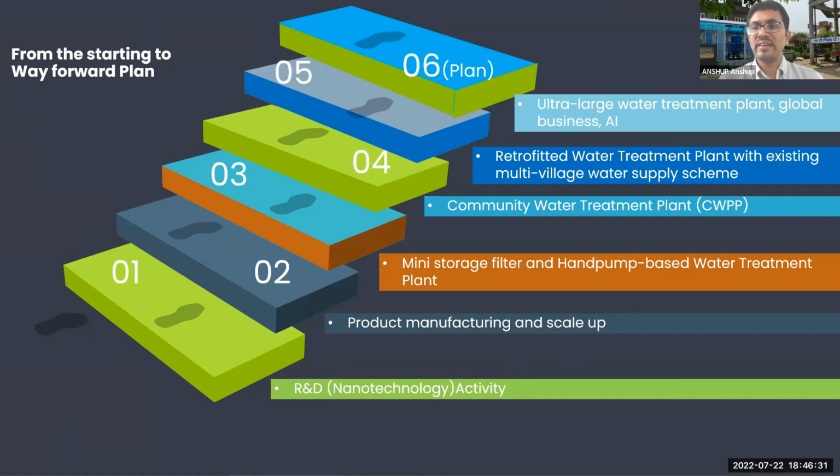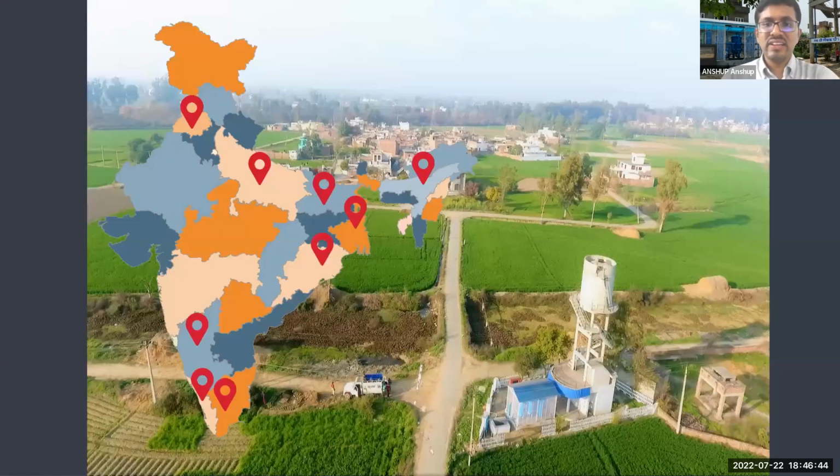Now we are looking at setting up ultra large plants which can provide water to a city or through multi-village water supply schemes. We are also bringing in a lot of automation so that the schemes can be monitored on a regular basis. These are the states where we are currently working with various stakeholders, but largely our focus is on the rural part of the country, where clean water supply infrastructure is being set up right now.